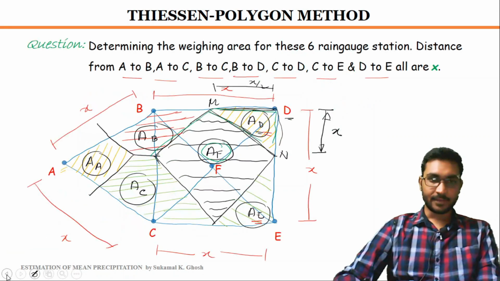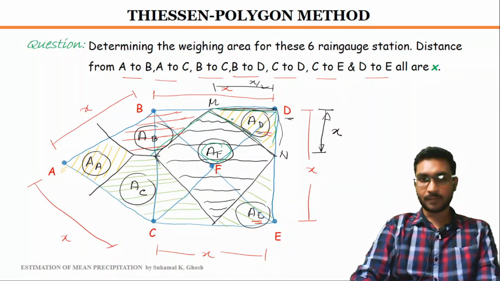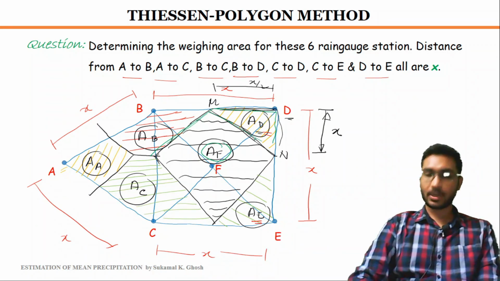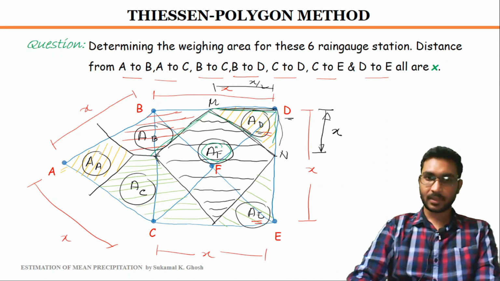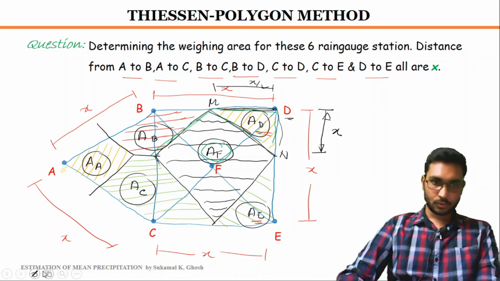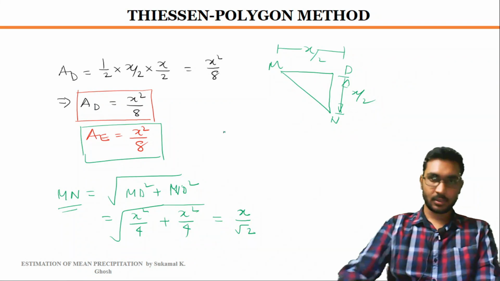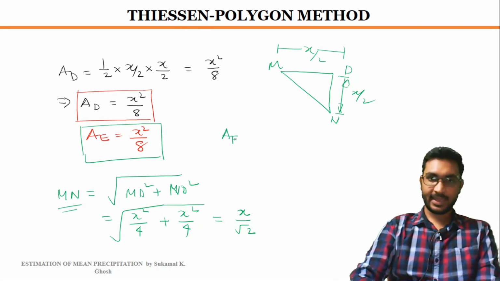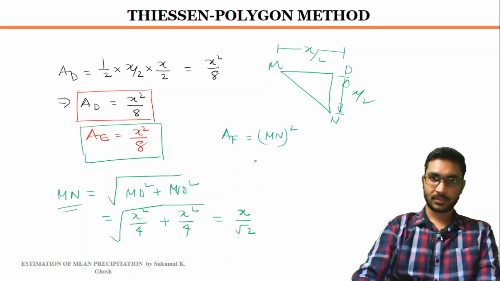It means we have got a side of this particular square. So now we can calculate the area of this AF. AF will be MN square, because MN is a side of this square. So from that, if you square MN, then we will have x square by 2.